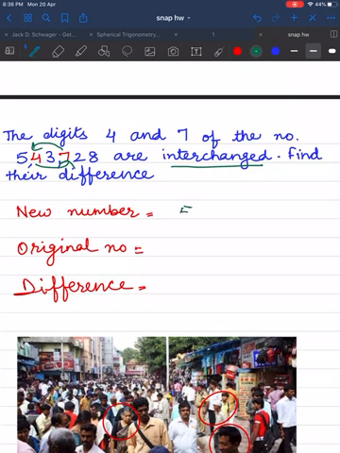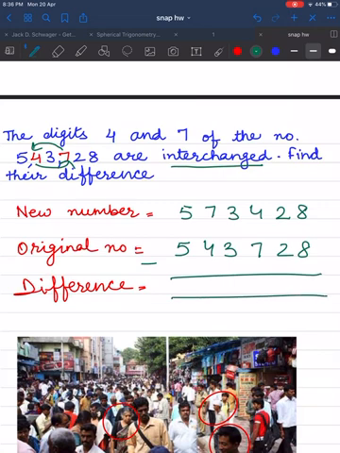So I get 5,73,428 and the original number is 5,43,728. So let us subtract. So on subtraction we get 29,700.